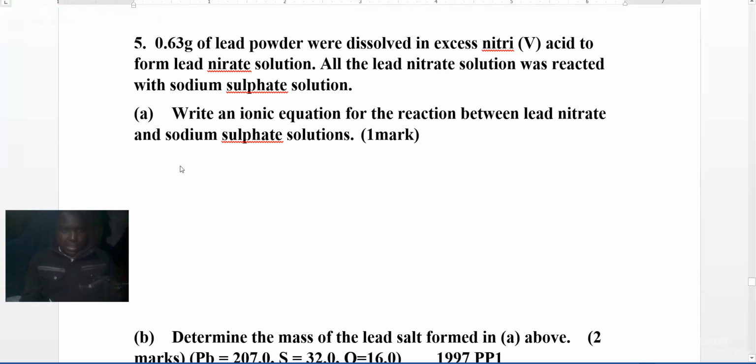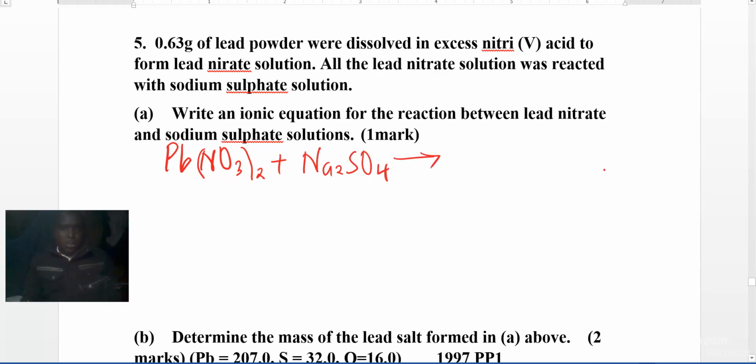So this is lead nitrate reacting with sodium sulphate. This one is a double decomposition reaction.